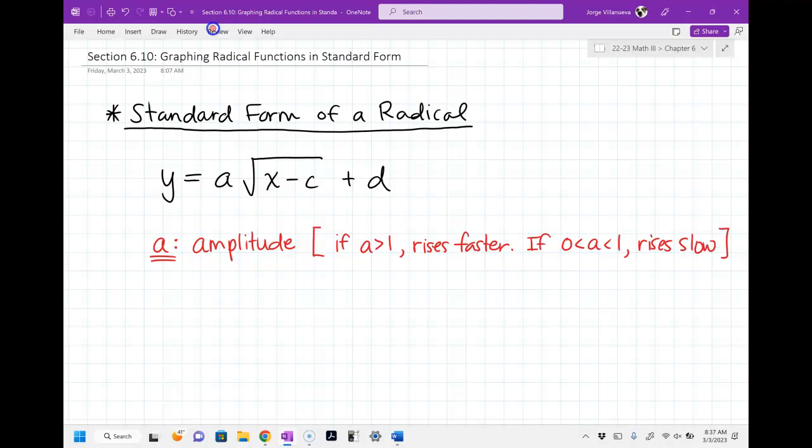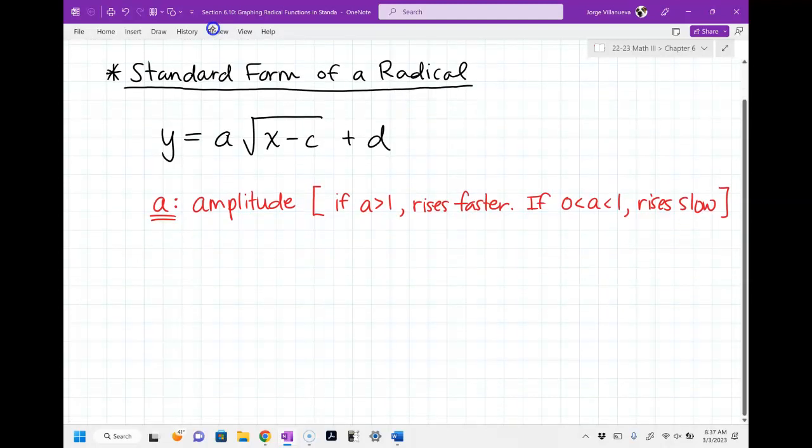It kind of takes its time moving in an upward direction. So if A is greater than 1, it rises faster. If A is between 0 and 1, meaning it's some kind of fraction, it rises slower. Okay? The graph, by the way, is really easy. It's just kind of like a little arc. So it's not a hard graph to see.